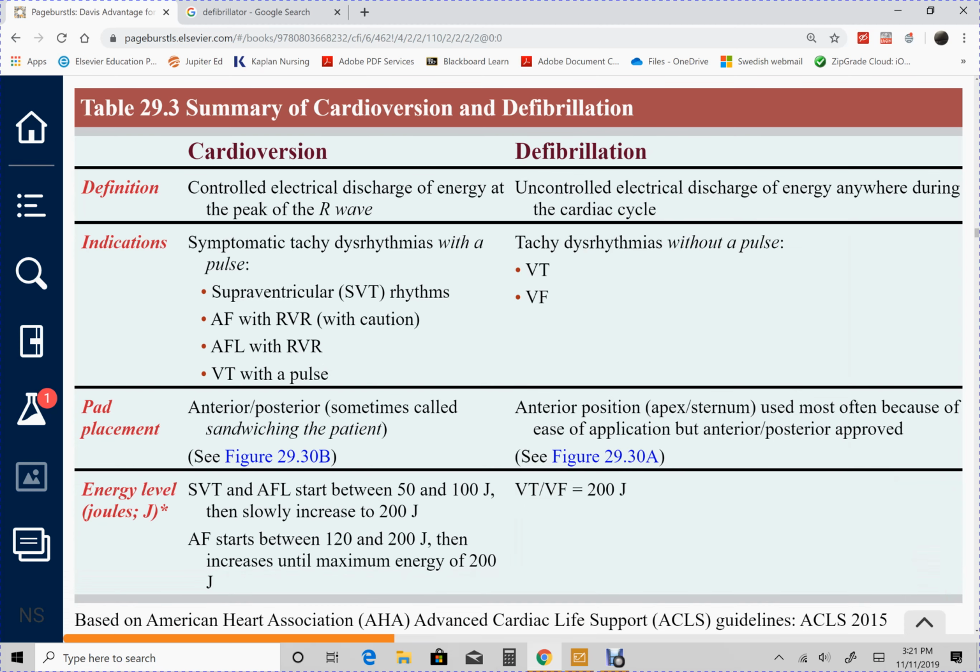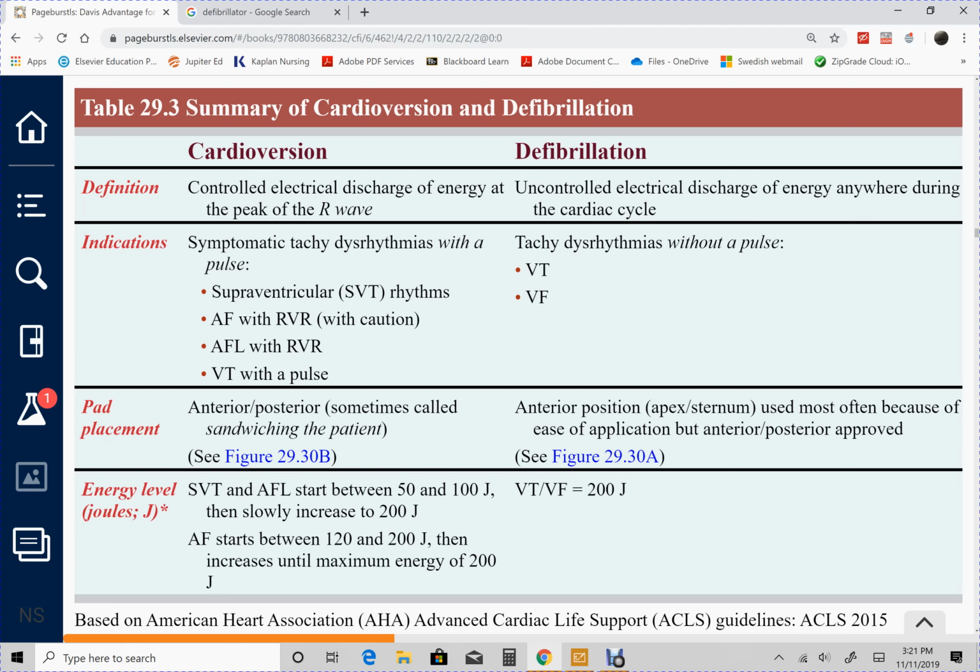Defibrillation is an uncontrolled electrical discharge of energy anywhere during the cardiac cycle, meaning the electrical shock is delivered at any time randomly. As soon as you press the button on the paddles, it will deliver the electric shock.